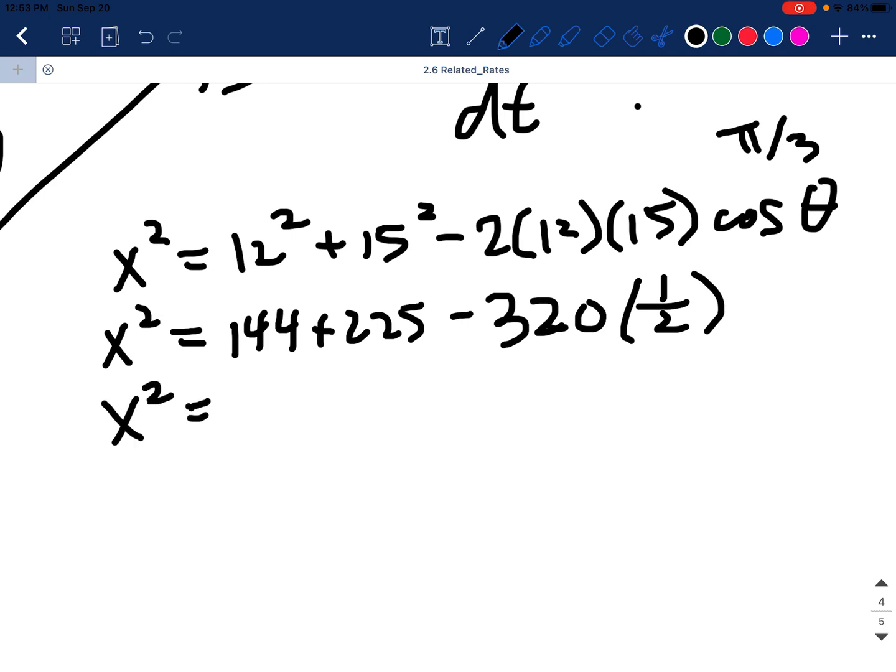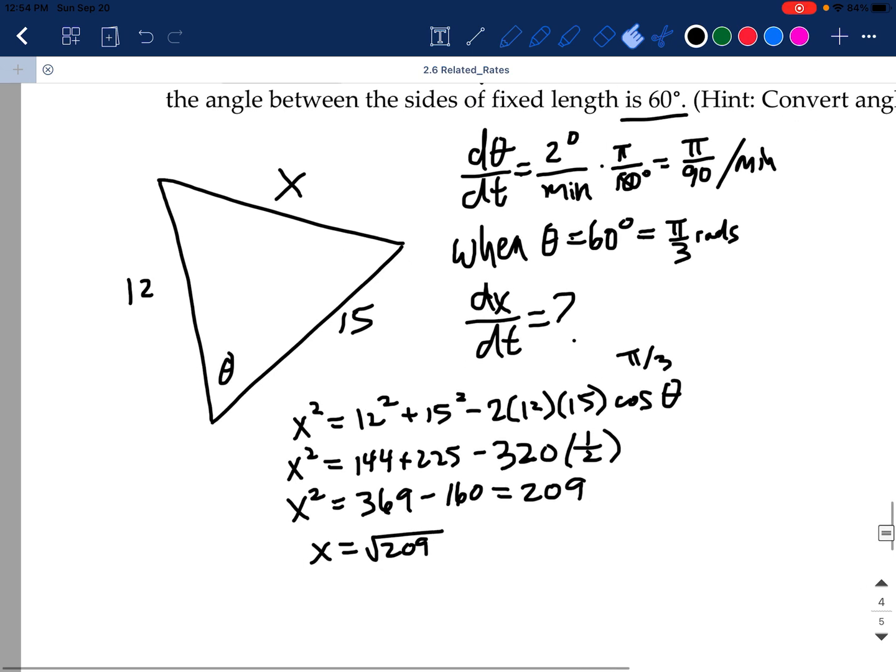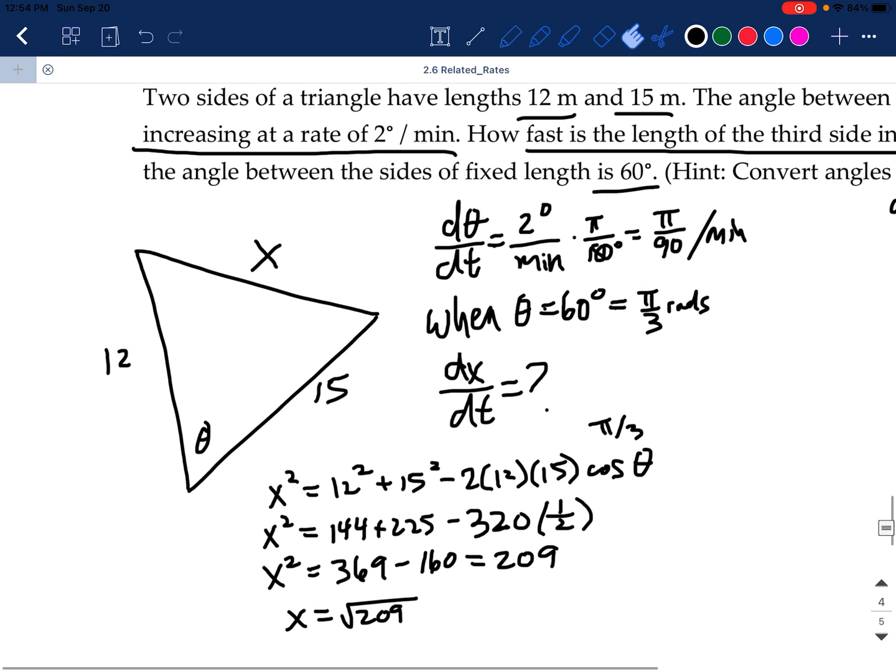So x squared is going to equal, let's see here, 369 minus 160, which is going to be 209. So x is going to equal rad 209. Okay, so not a nice integer value, but still an answer that we can use. All right, so we've got rad 209 for x.